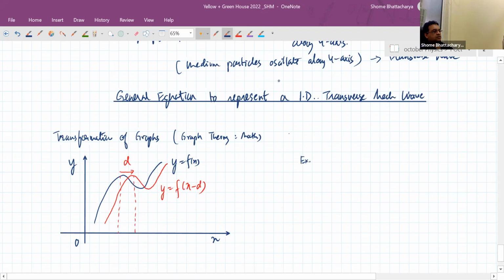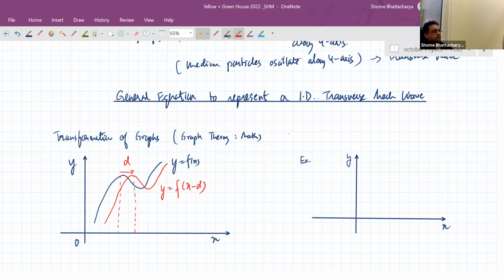Simple example of this is that we, for example, have a parabolic graph like this. y is equal to, let's say, 4 minus x square.